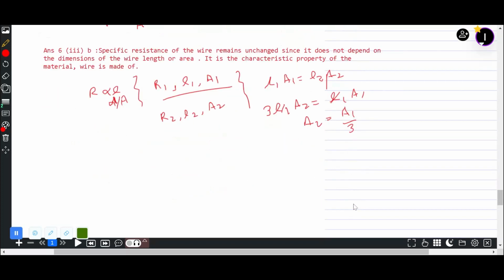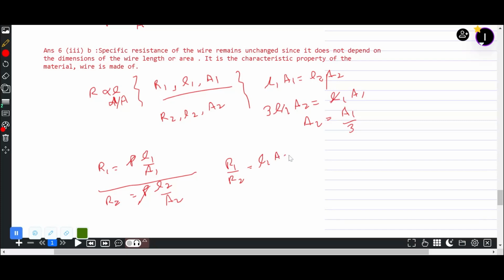Now we know that R1 is rho L1 by A1 and R2 is rho L2 by A2. The rho is the same, that gets adjusted. So R1 over R2, I'm dividing, so this A2 is in the denominator and will go up.